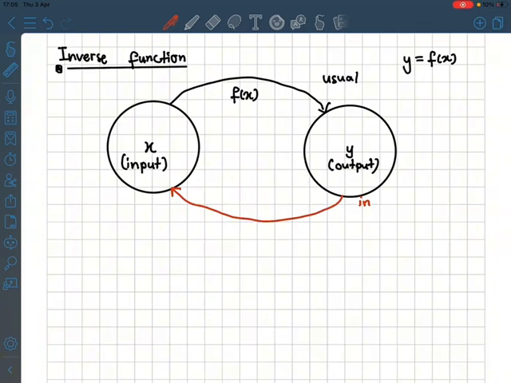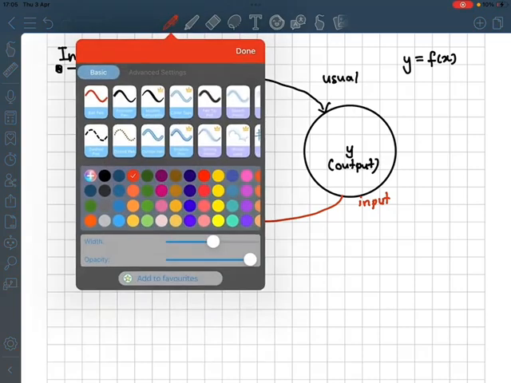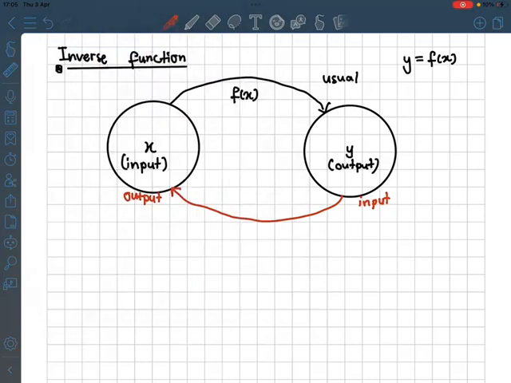So we flip the input to be y, and our output to be x. This direction, I call the inverse direction. Let me write it as inverse direction.